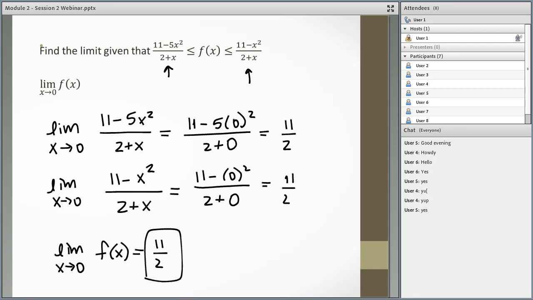And we were given that f of x is between those two functions here. It's possible that we would be given a case where we aren't told that, and like I said, we'll come back to that later on in the webinar. But that's another approach. If we weren't given f of x, or if we were given a function that doesn't have an easily calculated limit, we might be able to use the sandwich theorem.